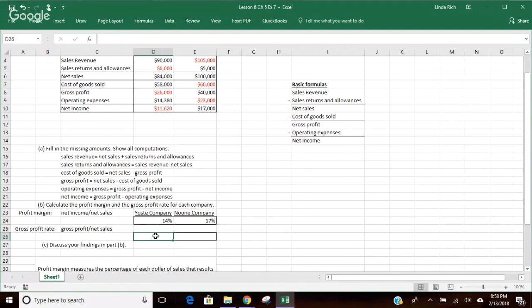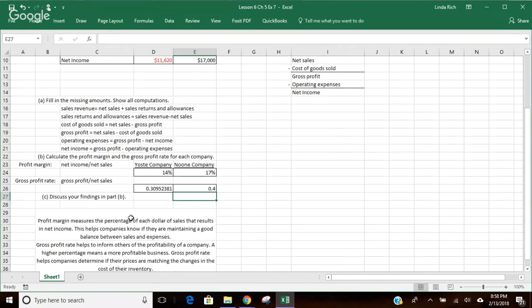And then gross profit divided by net sales gets us the gross profit rate. So for the Yost company, gross profit divided by net sales equals, and then this one is going to be equal to gross profit divided by net sales.